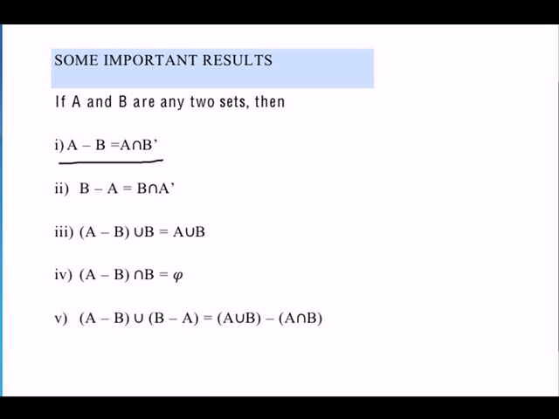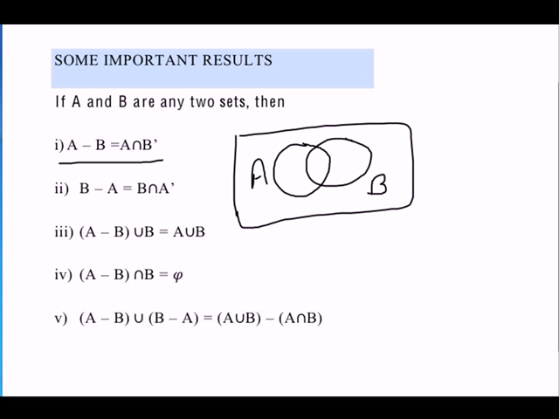So let's take an example. This is set A, this is set B, and this is our universal set U. So A minus B essentially is take away everything which is in A which is not in B. It's essentially a minus operation.